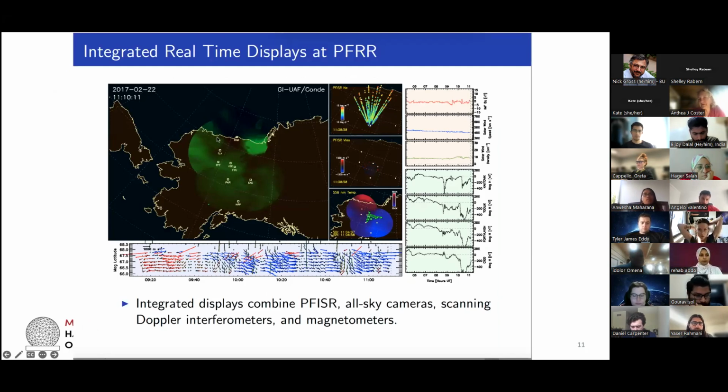In fact, I was here for a rocket campaign a few years ago, monitoring auroral features, and they have this real-time display at the Poker Flat rocket range using the ISR data, so that scientists, right before they launch a rocket, can see this display of the all-sky cameras, along with what PFISR is measuring in terms of electron density at any given time.